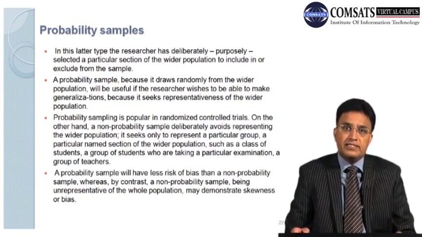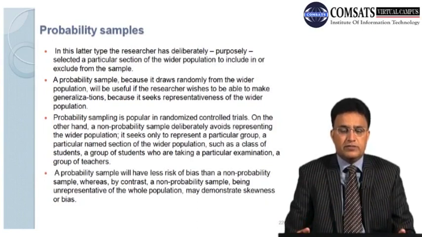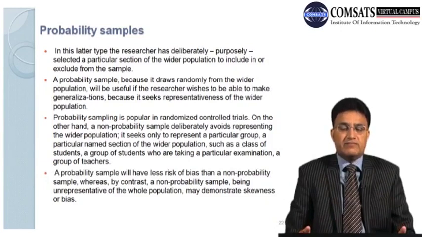So a probability sample, because it draws randomly from the wider population, will be useful if the researcher wishes to be able to make generalizations, because it seeks representativeness of the wider population.